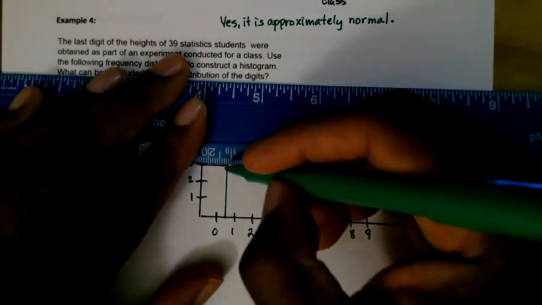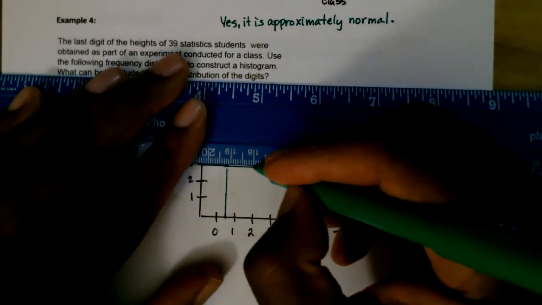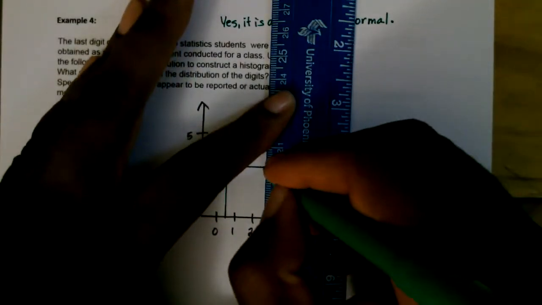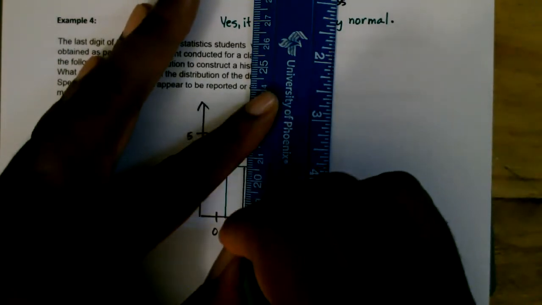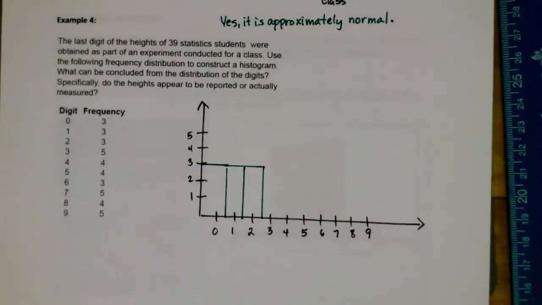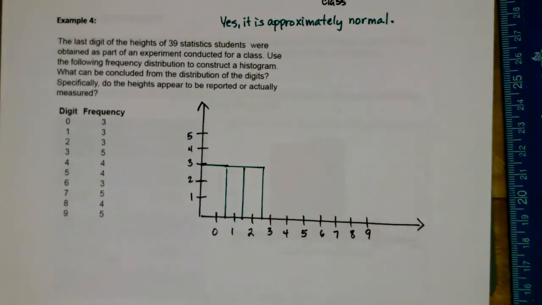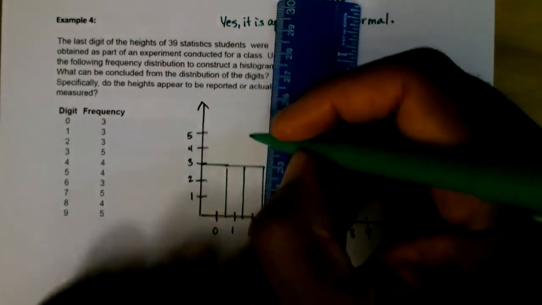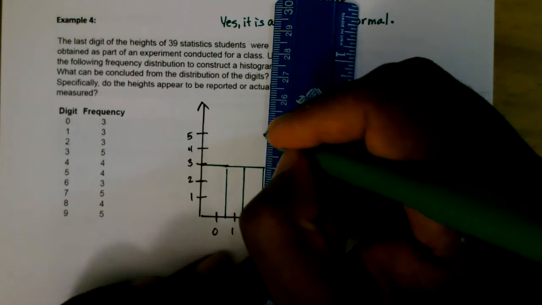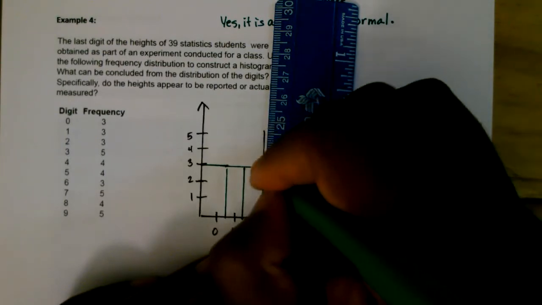So at 0, 1, and 2, those heights are going to be at 3. Those bars are drawn so that the marks on the horizontal axis are at the center. And then for 3, that frequency is 5, so the height of that bar would be at 5.